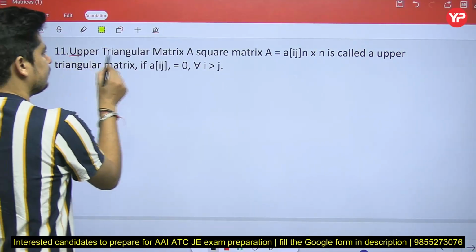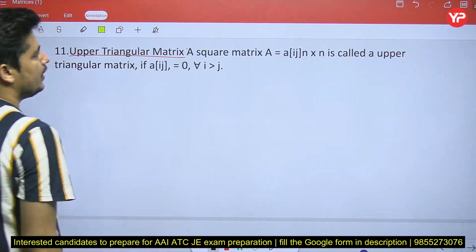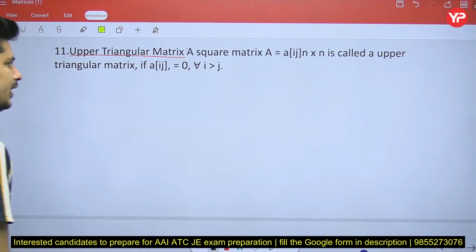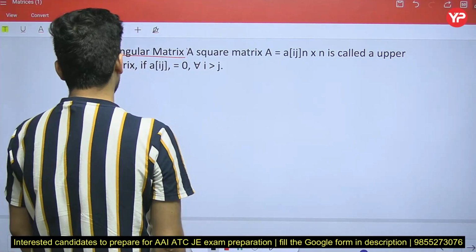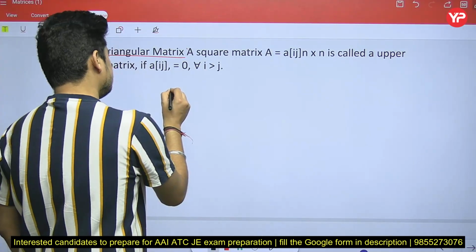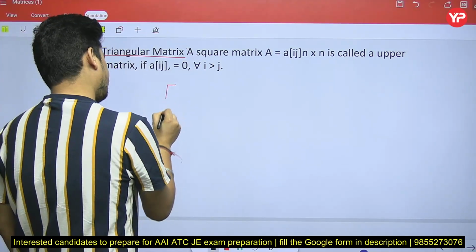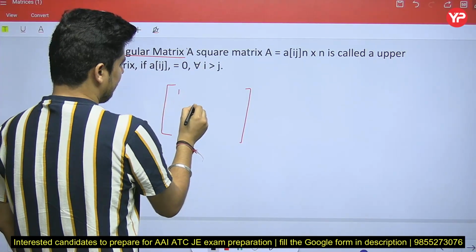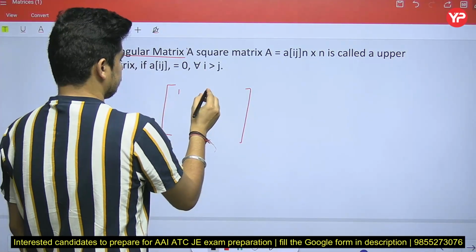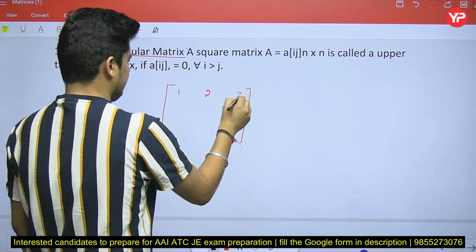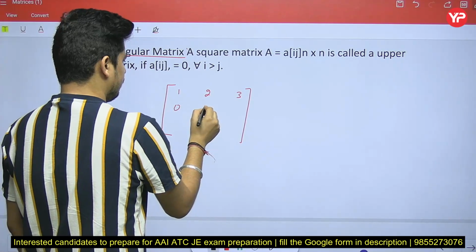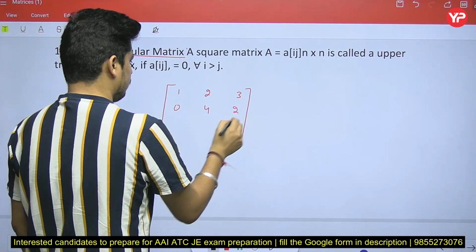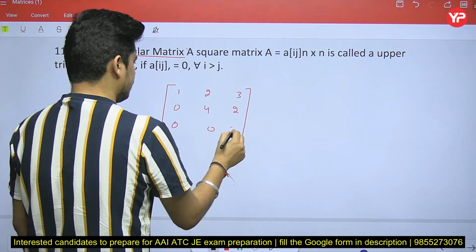A square matrix A equals Aij, n cross n, is called an upper triangular matrix if... try to understand here. Let us take, I have 2, 3, 0, 4, 2, 0, 0, 3.